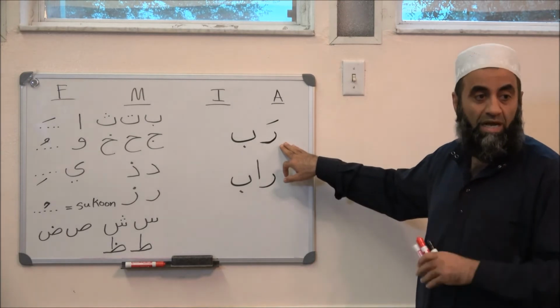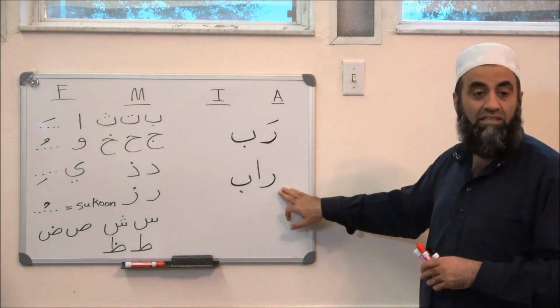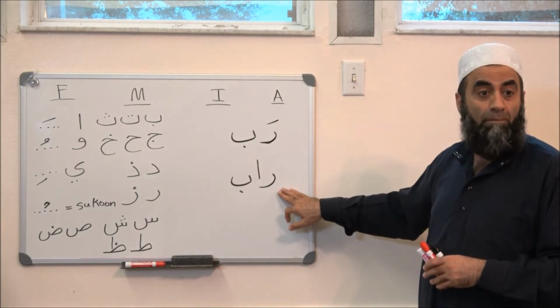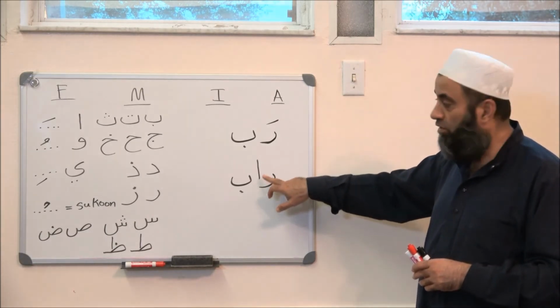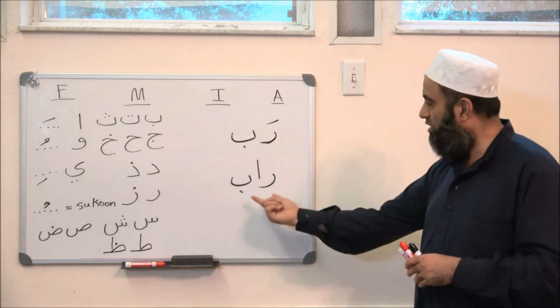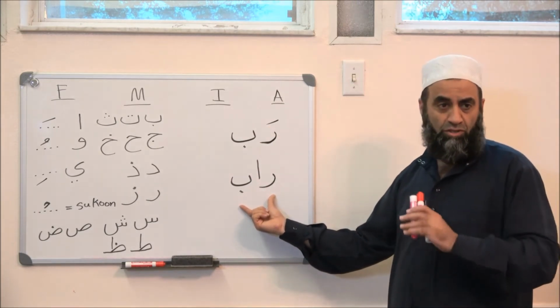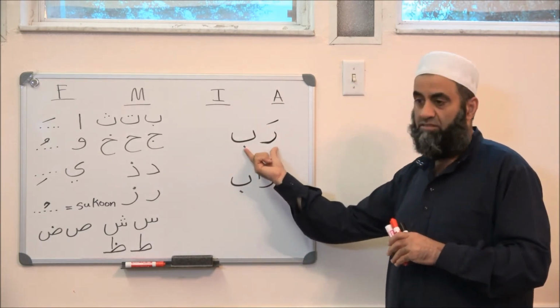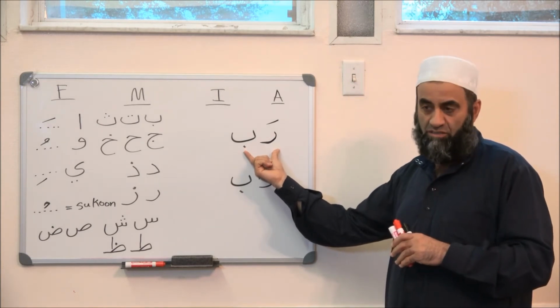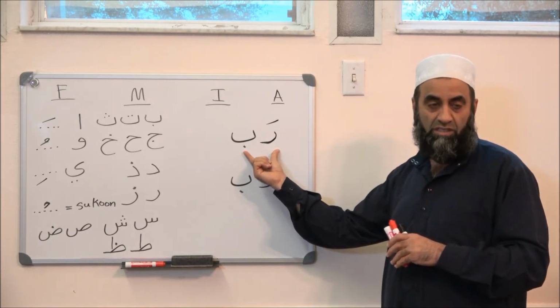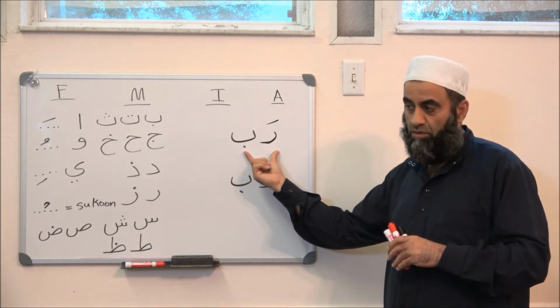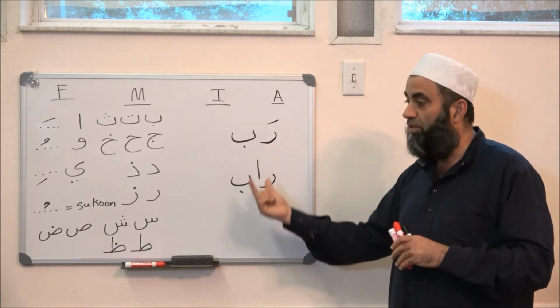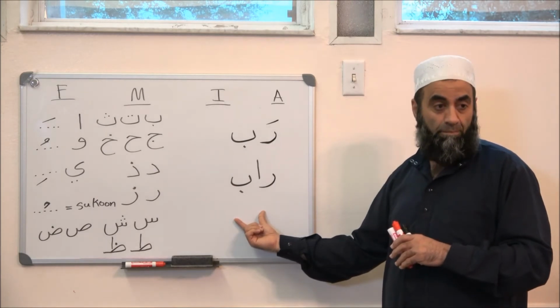Alhamdulillahi, Rab al-Alamin. See the difference between the long vowel and the short vowel, right? This is not a word from Arabic, I just wrote it to compare. But this is Rab, which means Lord, sustainer, cherisher, the one who takes care of everyone, and he is in charge and in control.